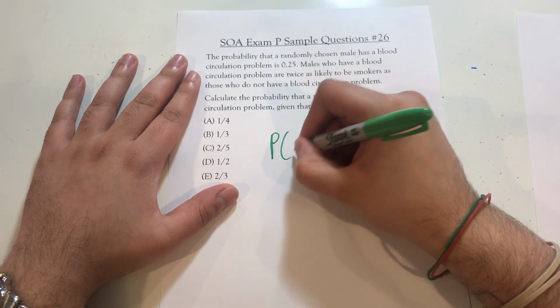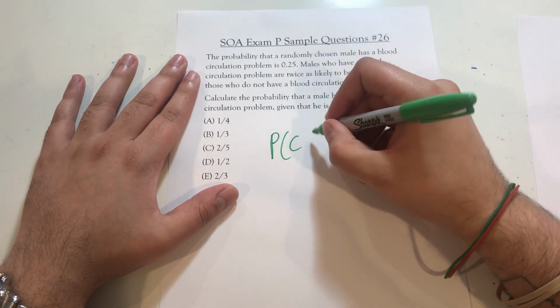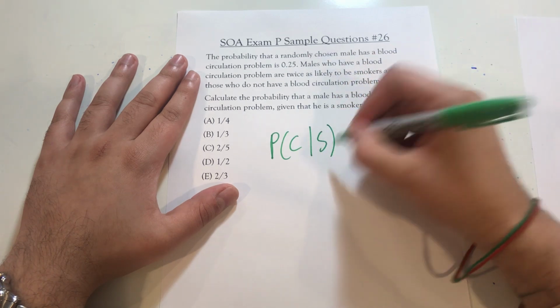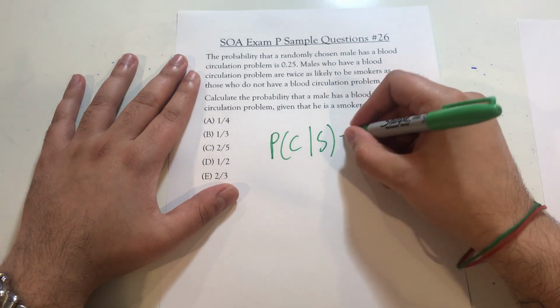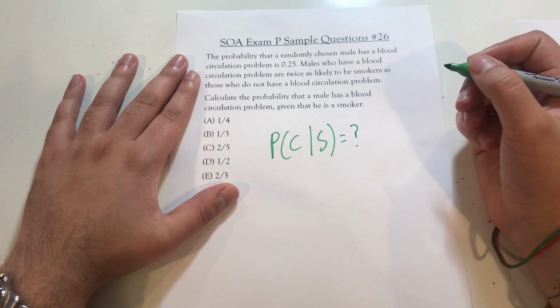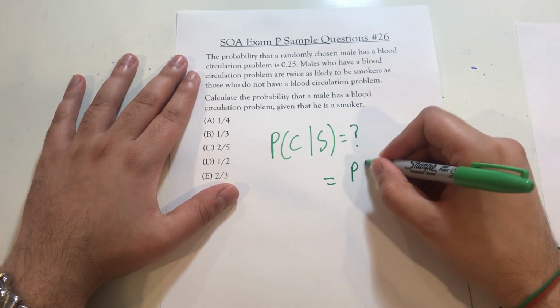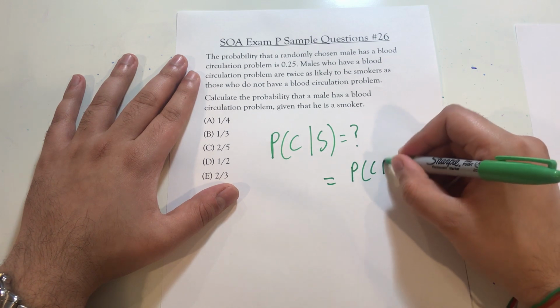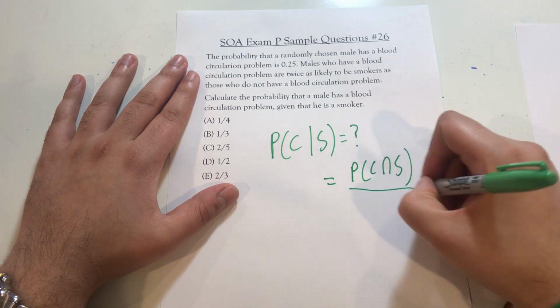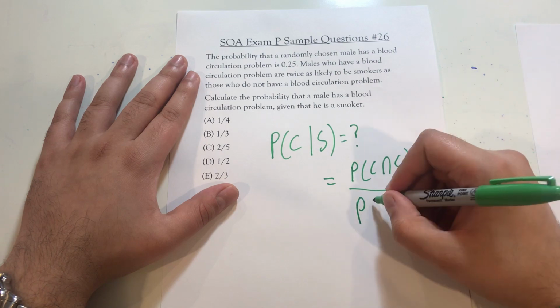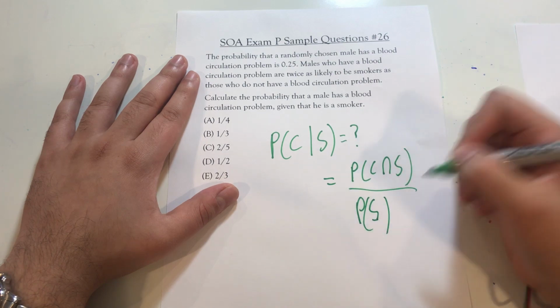So probability of C given that he is a smoker, given S. Okay, that's what we're looking for. And like any conditional probability situation, this is going to be equal to the probability that you have a circulation problem and you're a smoker divided by the probability you are a smoker.